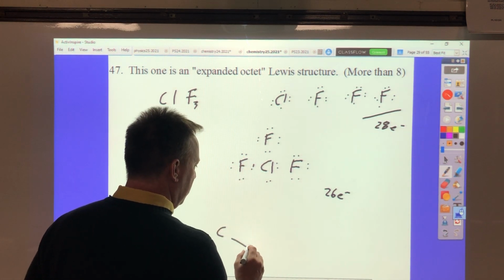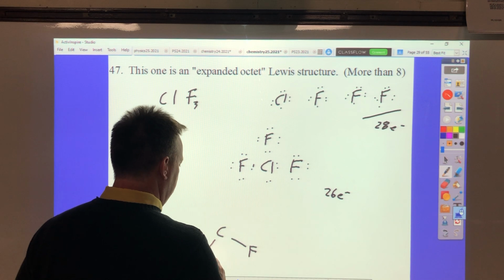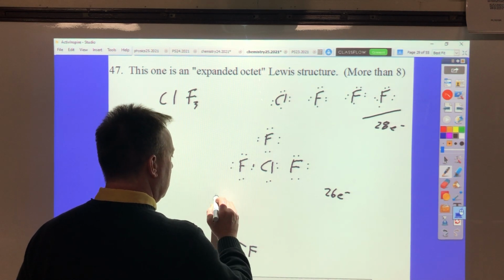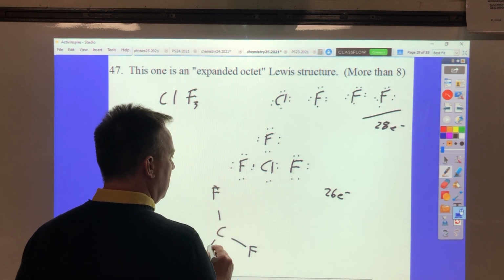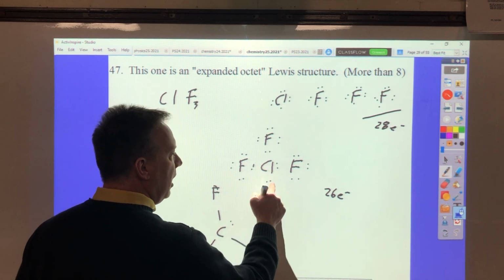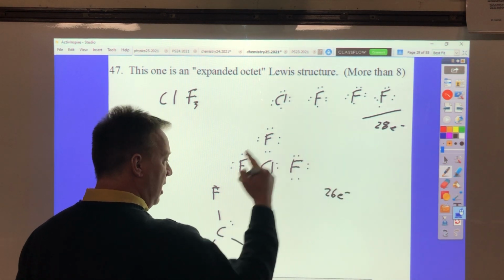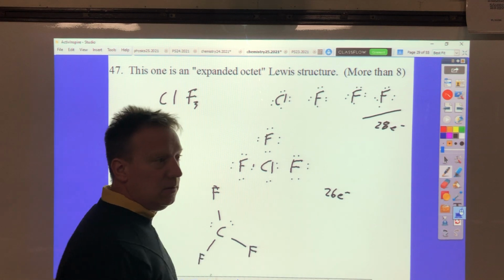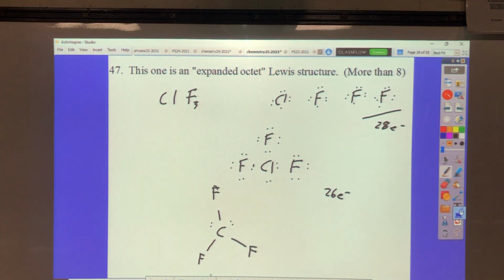So we have an F, an F, an F, and an electron pair that's here, and another electron pair. Now we have 28. Let me recount this. I'm not all the way done.